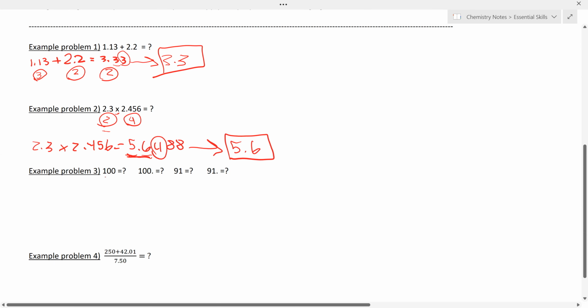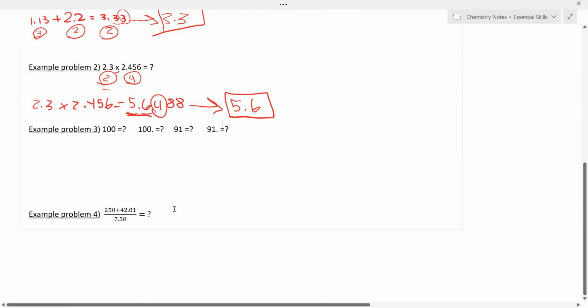And now here's where we go into some of the interesting stuff I tried to mention earlier but cut myself off. This is where critical thinking comes in. So you have this 100 here, which has no decimal point. That means that these zeros are not significant. So in this case where you have the 100, there's only 1 sig fig there.